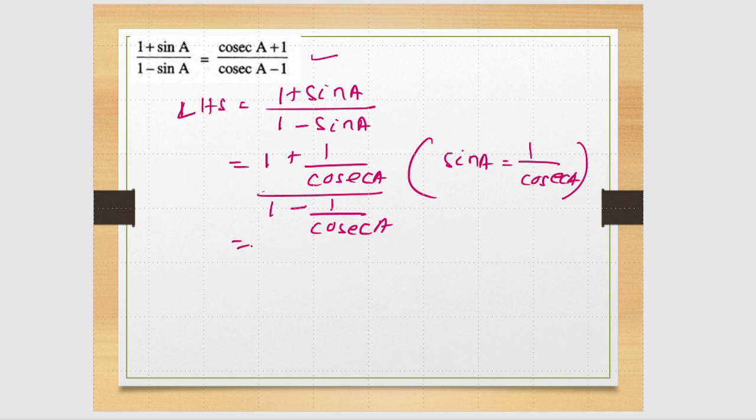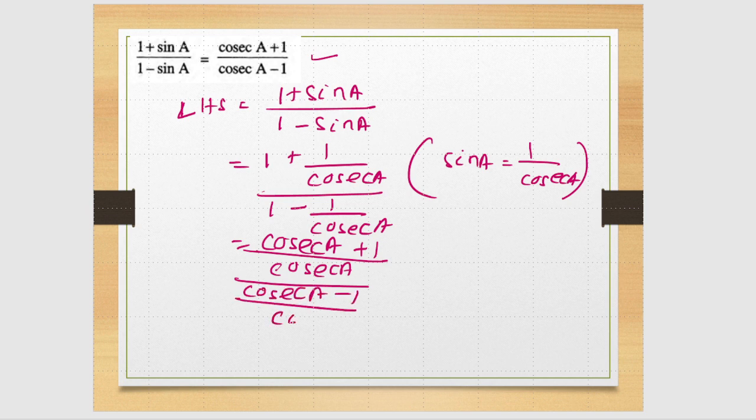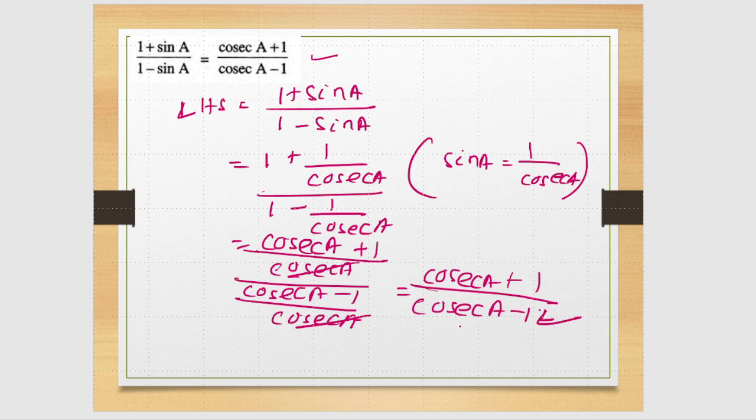Now do the fraction addition. (Cosec A plus 1) by cosec A, by (cosec A minus 1) by cosec A. Now cancel both the denominators. So what remains? (Cosec A plus 1) by (cosec A minus 1). So this is your RHS, and this is proved. Got it? This is the second question.